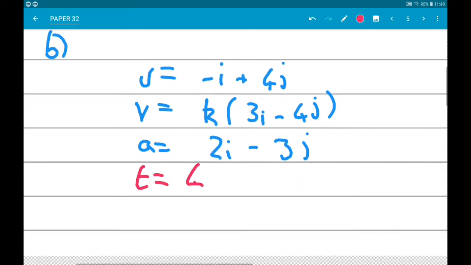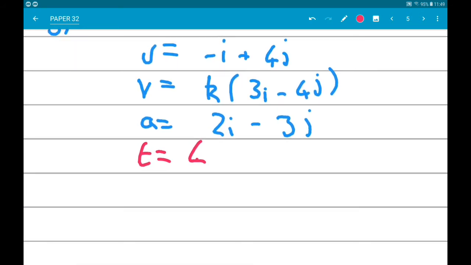Alright, so S is u t, so minus 4i and 16j, and then add 1/2 at squared.